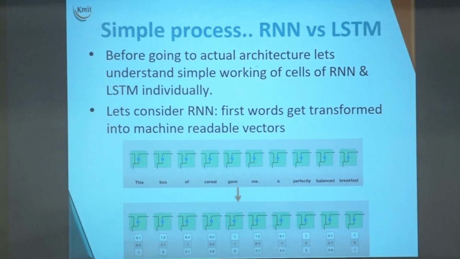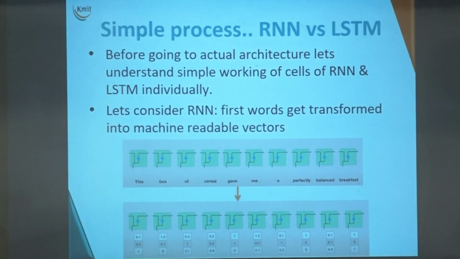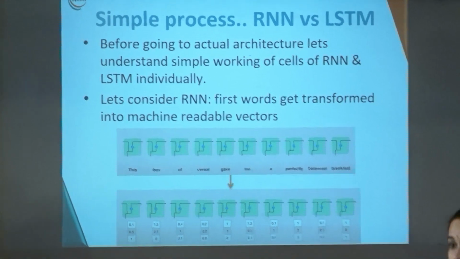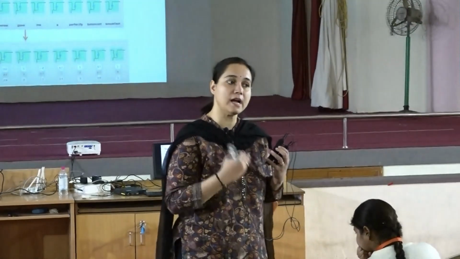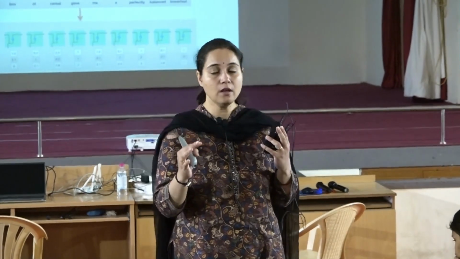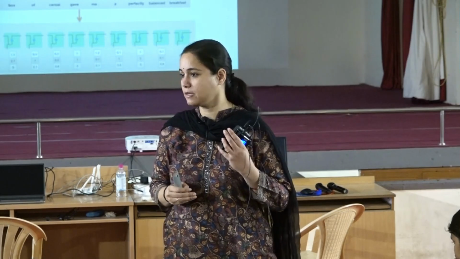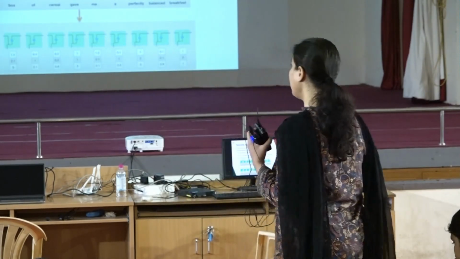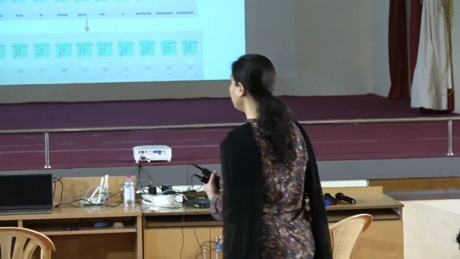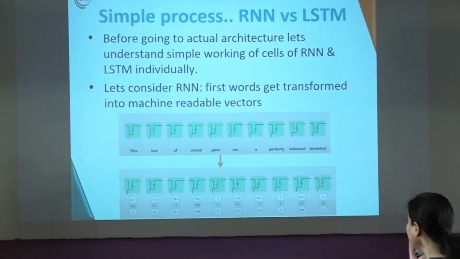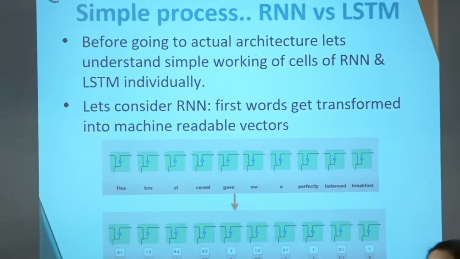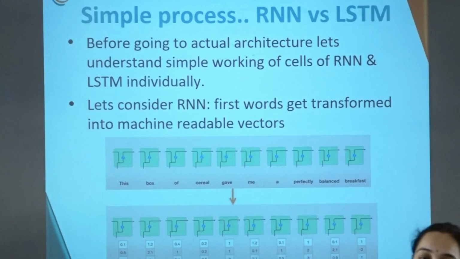Now, please understand this. You might have heard about the embedding layer. How it is actually processed, we are going to see today. Word embeddings help the machine understand the words or the sequence of words in a particular text or sentence. Suppose I am talking about RNN first, then the words will get transformed into machine-readable vectors.